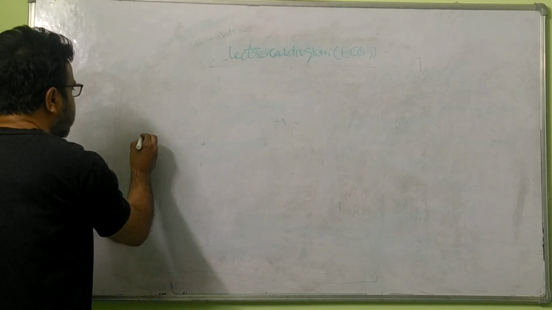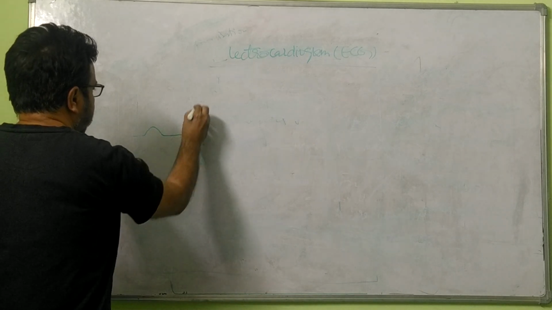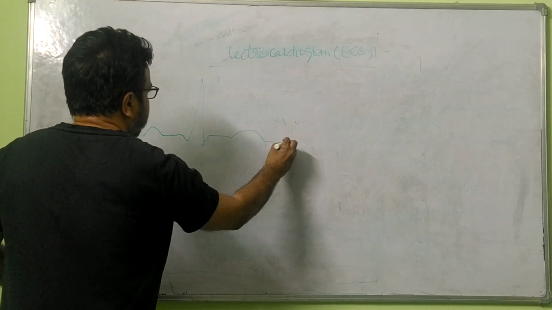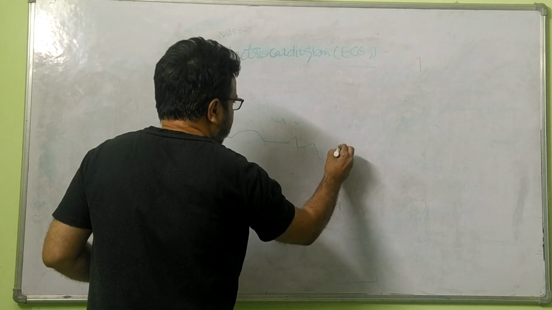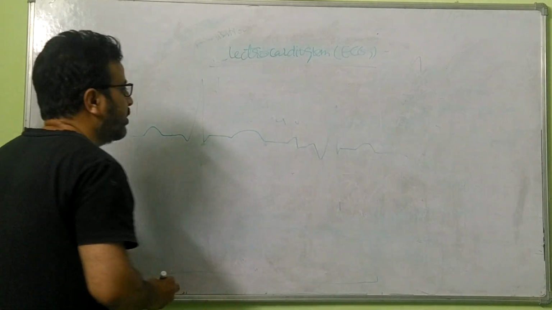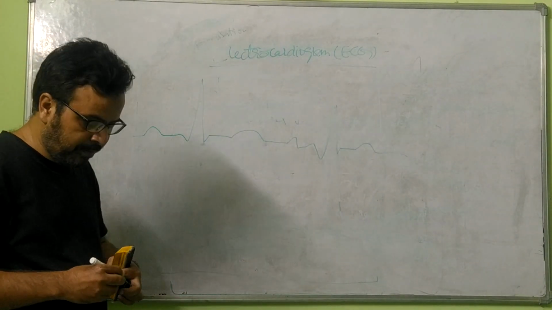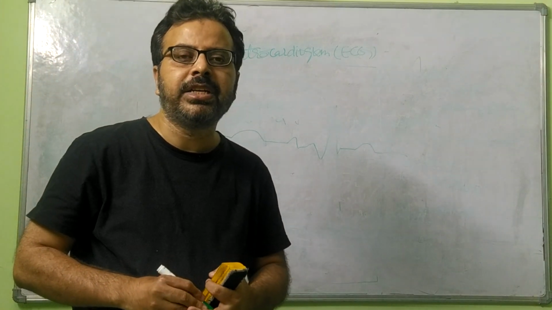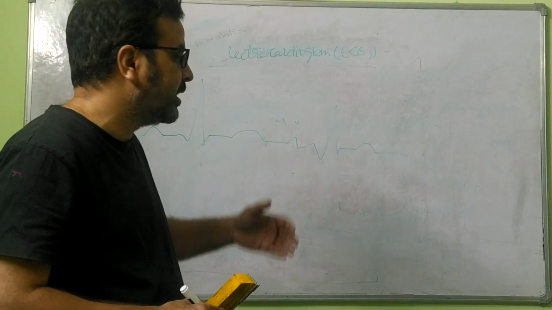So this ECG is something like this: P wave, and then Q, R, S wave, and then T wave, and again P wave, Q, R, S wave, and then T wave. So this repetition makes the heart constantly pumping, and the electrical activity is there, a continuous activity.